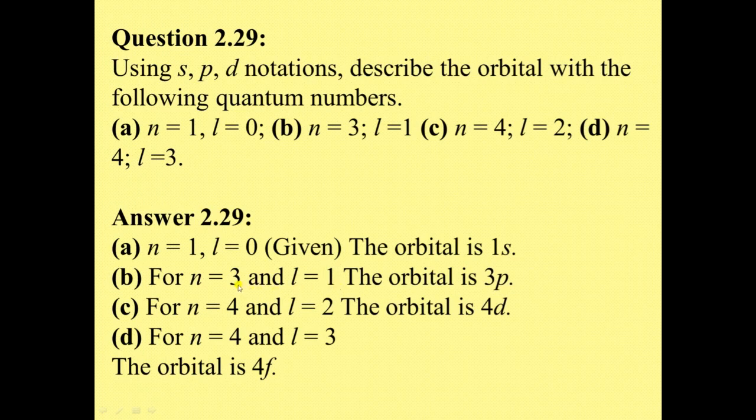So here you will write 3p. So answer is 3p. Now when n is equal to 4 and l is equal to 2, that means d subshell. So orbital will be 4d. And next is when value of n is equal to 4 and l is equal to 3. So here it is 4.